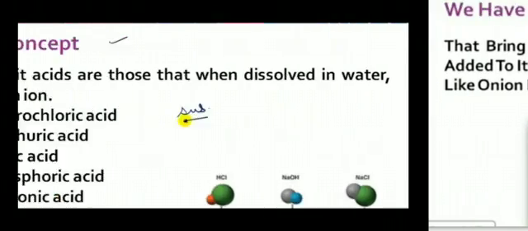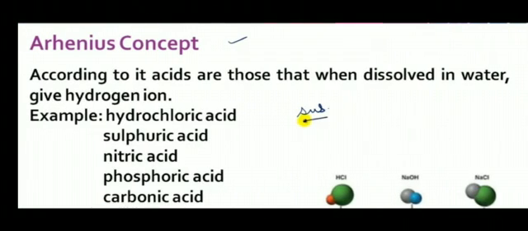Okay. Now, the latest concept of defining an acid was given by Arrhenius. According to this concept, acids are those substances which dissociate into hydrogen ions in aqueous solution.